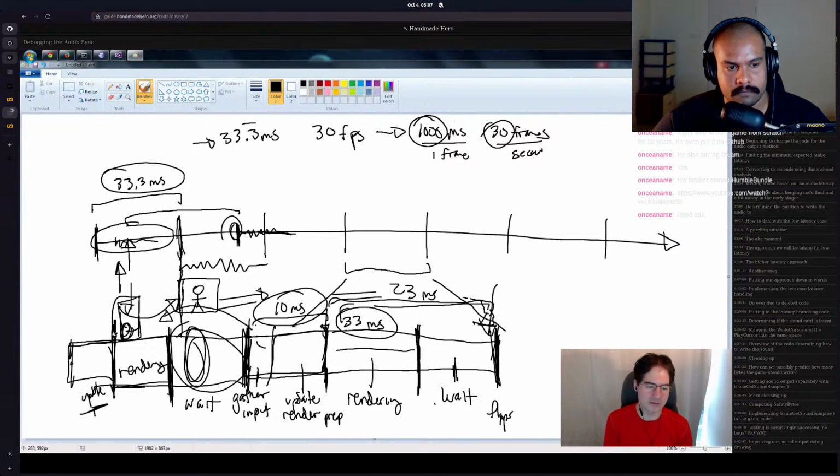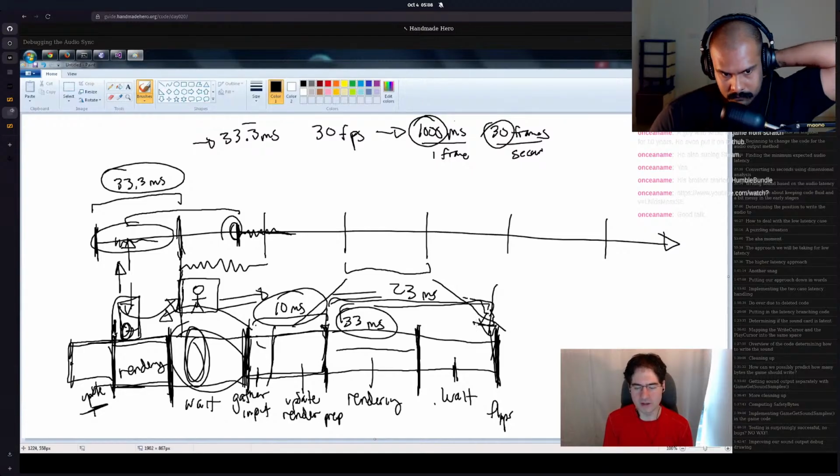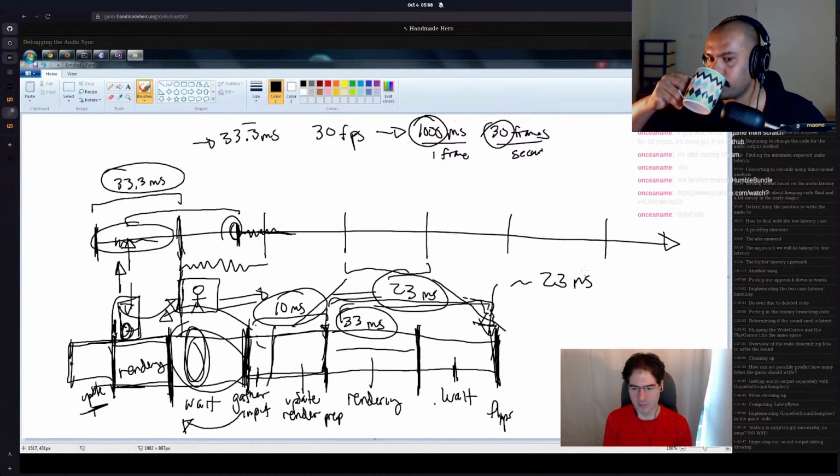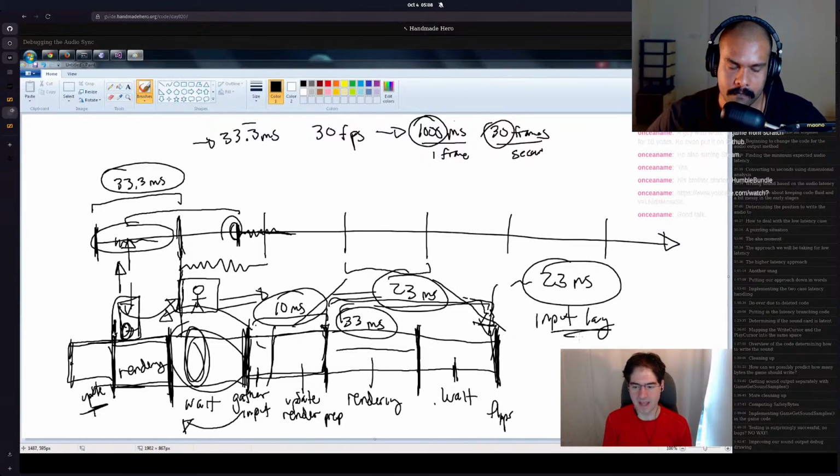If we actually overlapped those on 2 cores, we could actually hit the constraint of being 40 milliseconds or something ahead of where we wanted to write that audio and actually get our audio synced. But there's a cost. The cost is now we have pushed input gathering back a little bit further. So we've introduced somewhere around, at maximum, 23 milliseconds of input lag, right? That would be the cost.